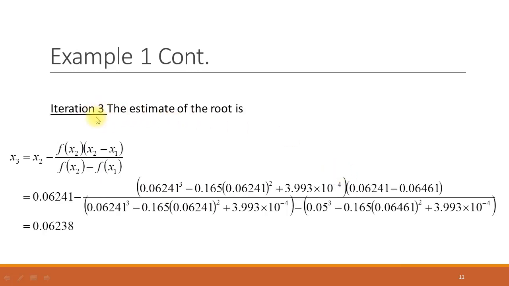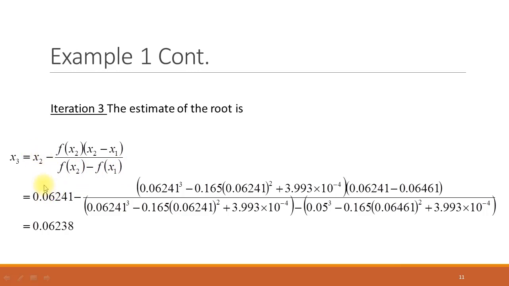Now for the third iteration, estimate the next root of the non-linear equation, which is x3. x3 is equal to x2 minus f of x2 into x2 minus x1 divided by f of x2 minus f of x1, using the secant method formula.